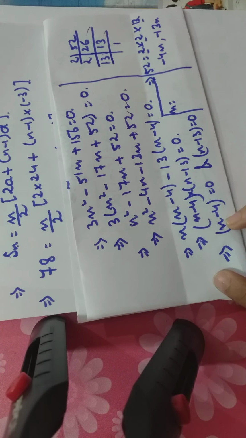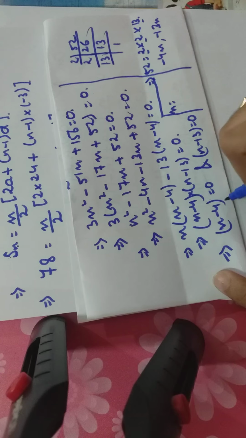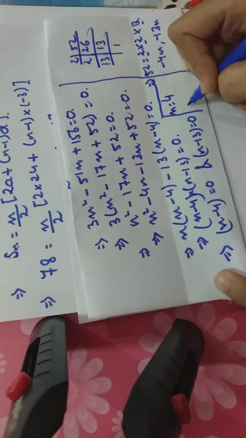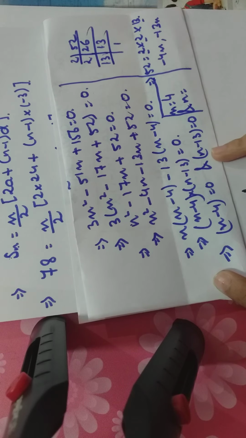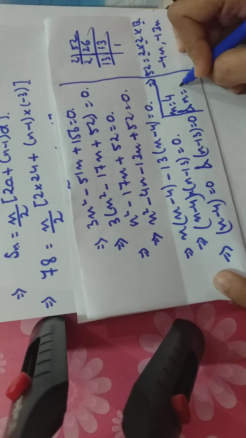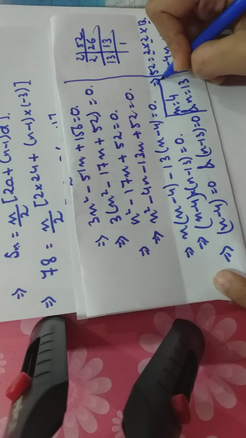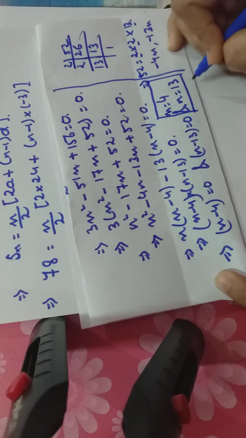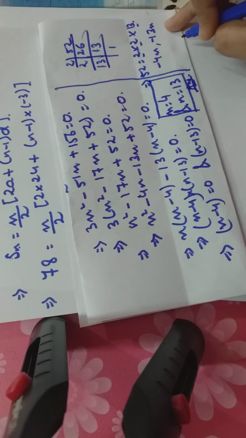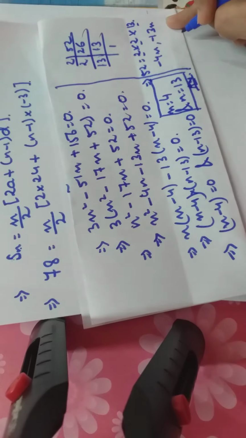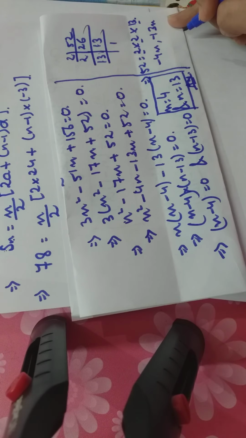When you equate n − 4 to 0, you get n = 4, and when you equate n − 13 to 0, you get n = 13. So this is your final answer: n = 4 and n = 13.